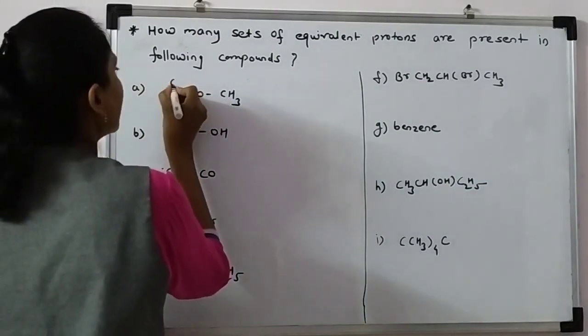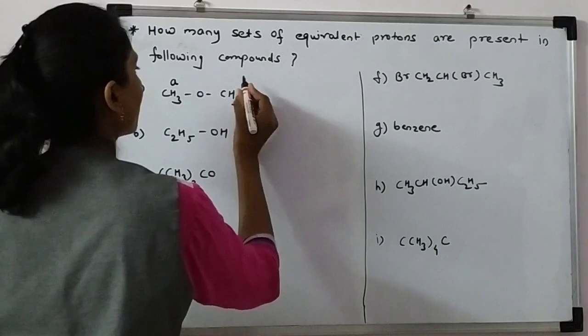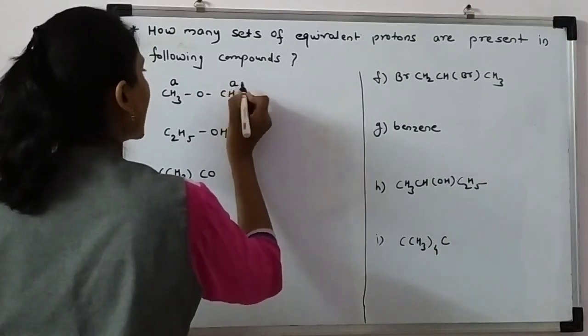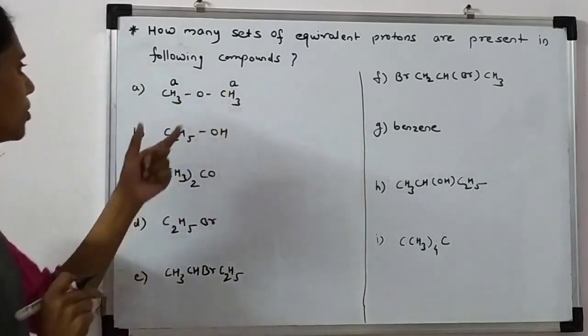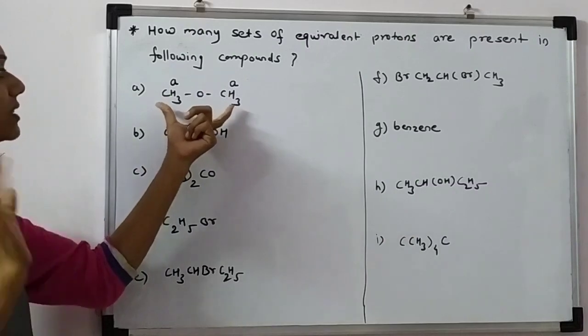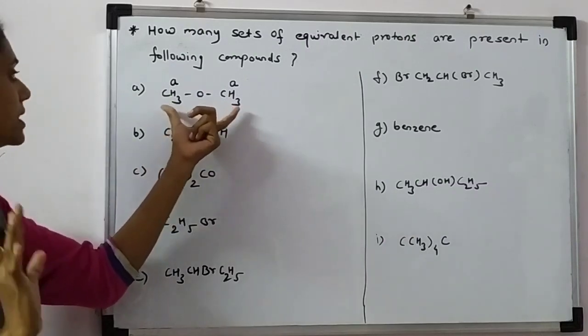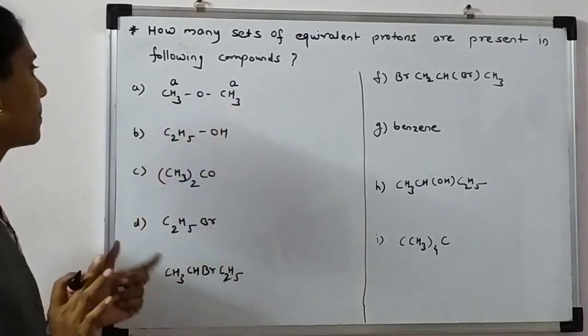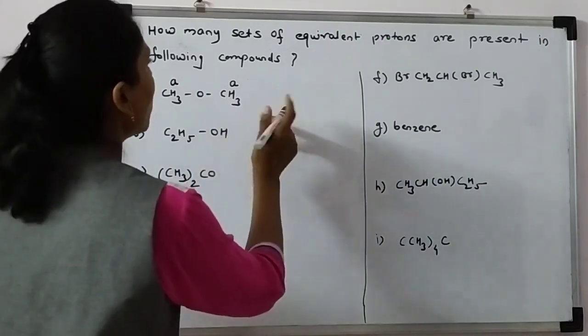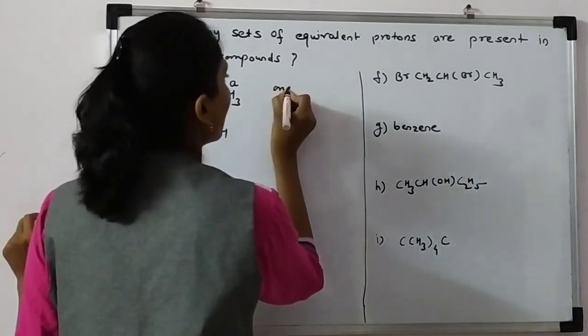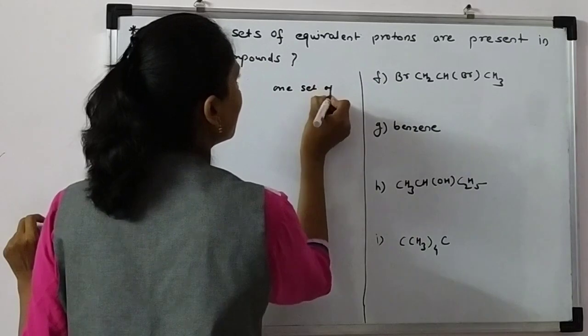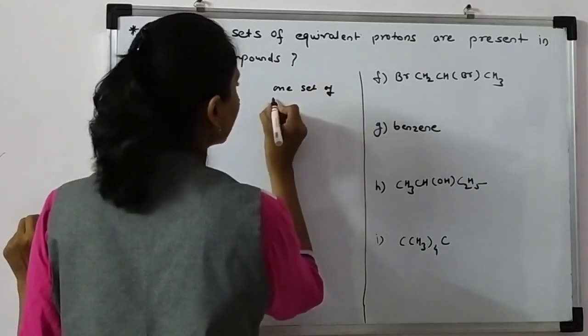So this is one set of equivalent protons, since the environment of these six protons is the same. That means one set of equivalent protons is present.